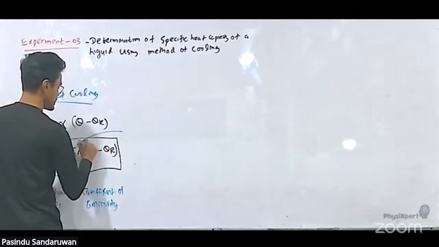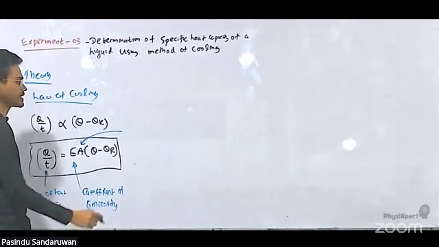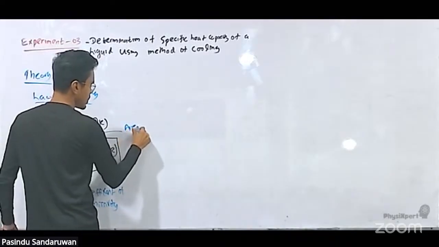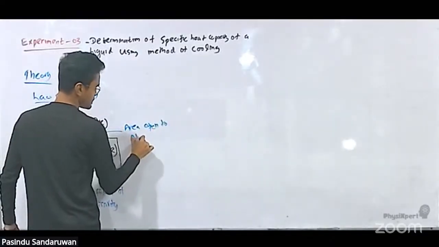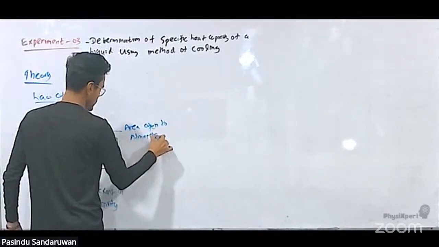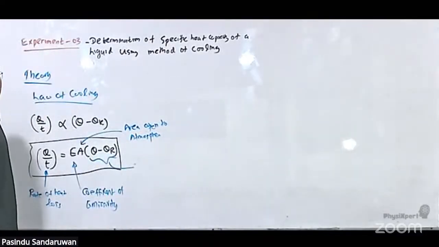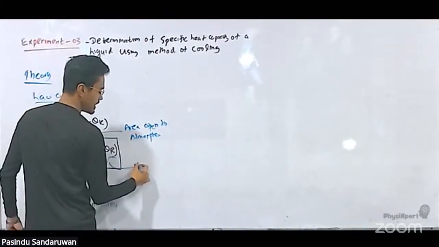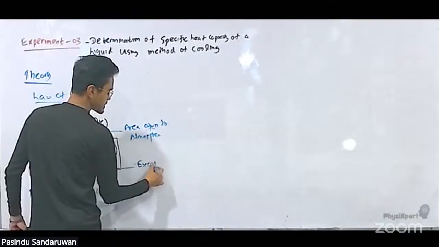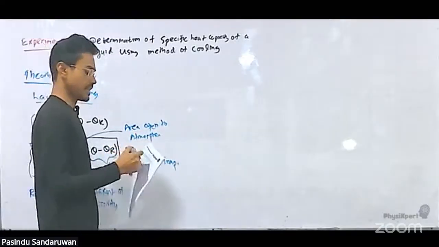What is A? The area open to the atmosphere, or the area open to the environment. Theta minus theta naught is introduced as a single term: the excess temperature between the body and the atmosphere, or the body and the environment. This makes the law of cooling.